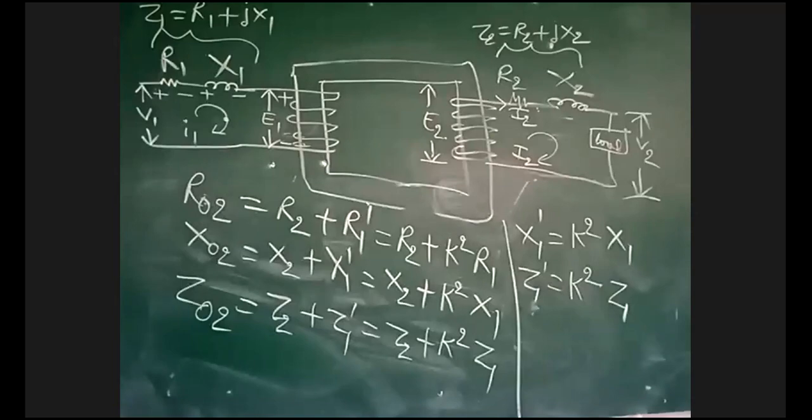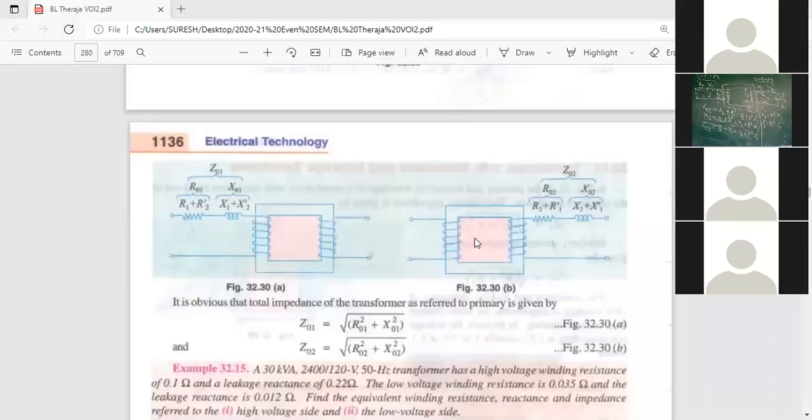Now see here. Now see the second circuit. Draw the second circuit. Now there is no R1 and X1 in the primary winding.